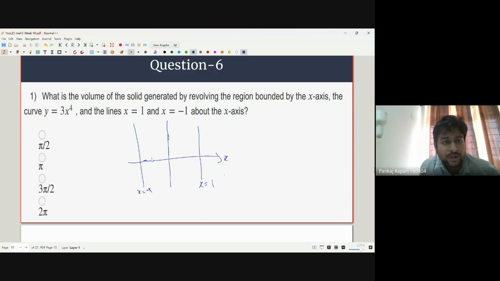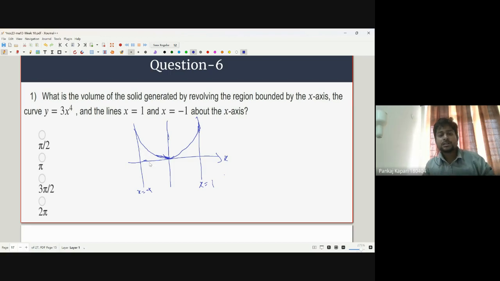Okay, so what is the region? This y equal to 3 x to the power 4, it will look like a parabola.